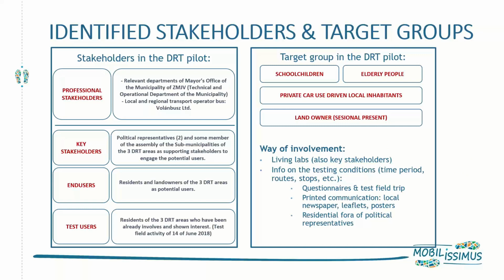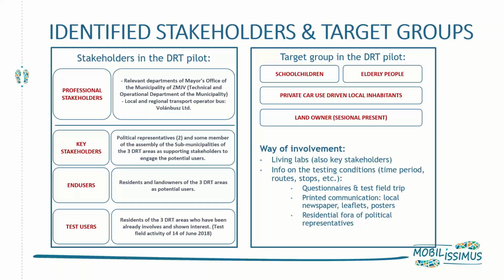This is the way the stakeholders have been classified and then engaged, according to methodologies elaborated in the project by the University of Ulm. Therefore, there is also a common methodology for stakeholder engagement, developed ex ante and then applied to the different pilot sites.